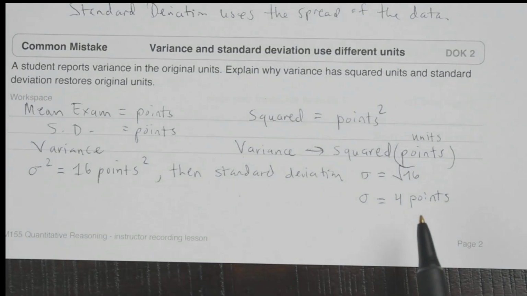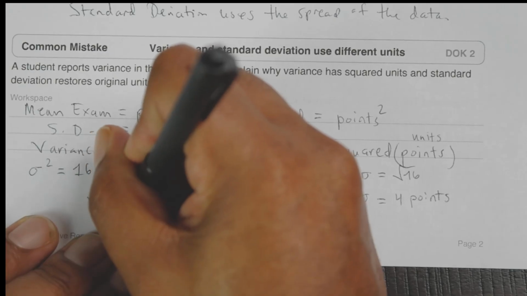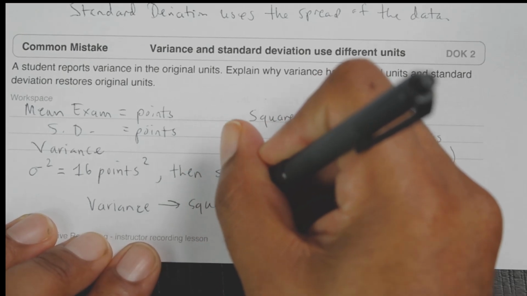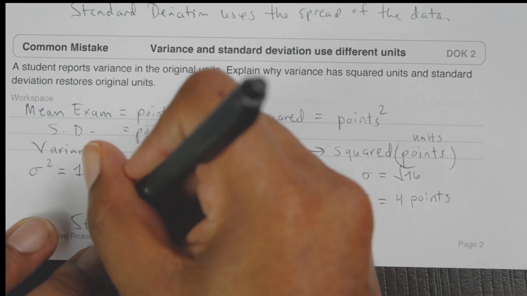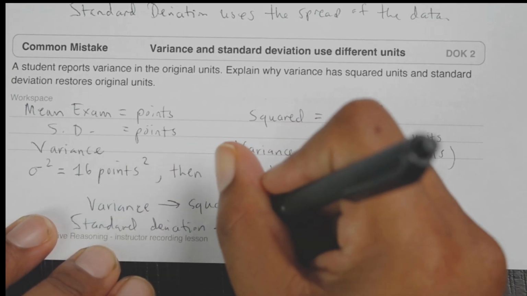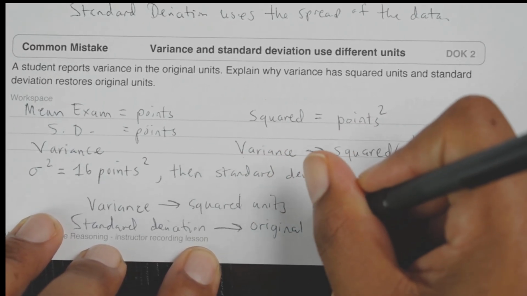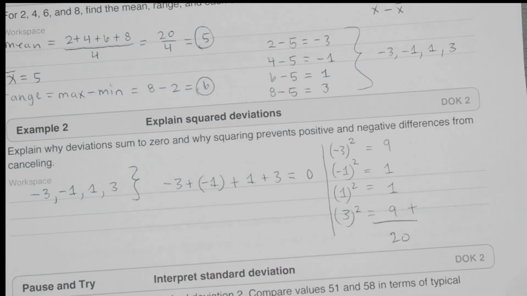Okay, so taking the square root returns us basically to the original units. All right, so variance gives squared units, whereas standard deviation returns us to the original units.